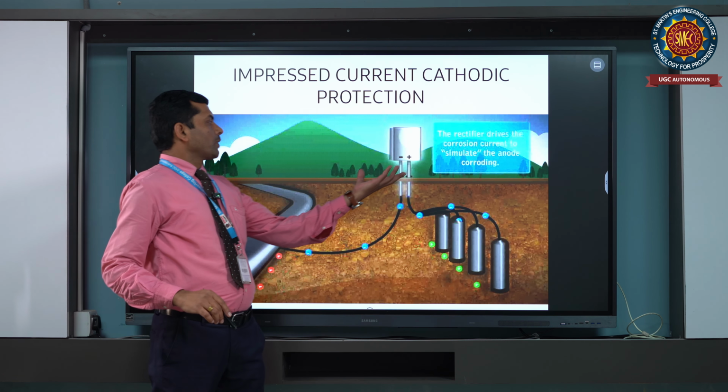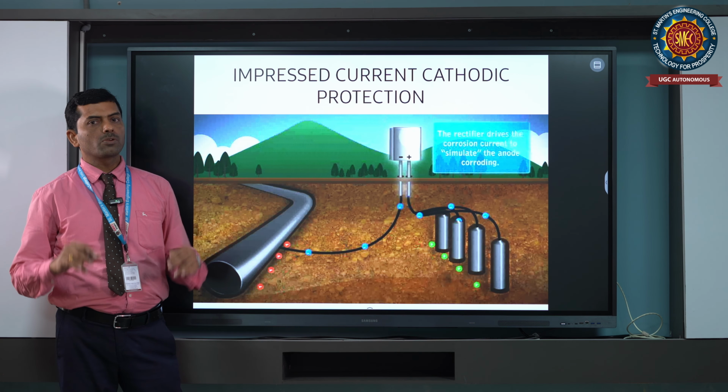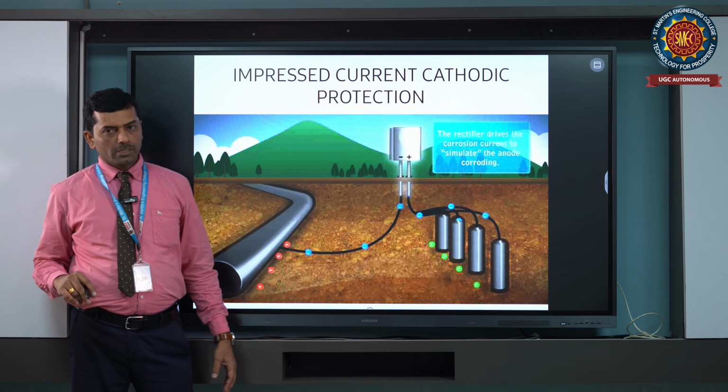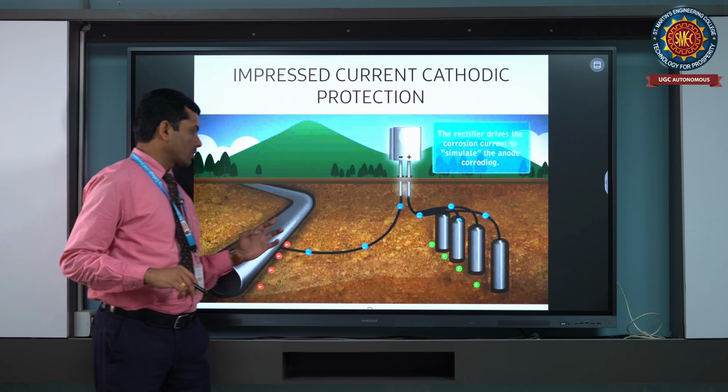This is the opposite direction. We have a source to nullify the corrosive current. From an external source, we use current and allow it towards the protected structure.